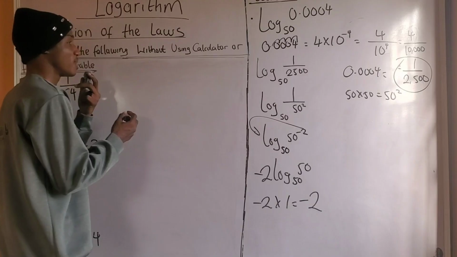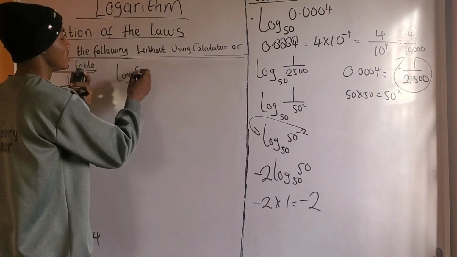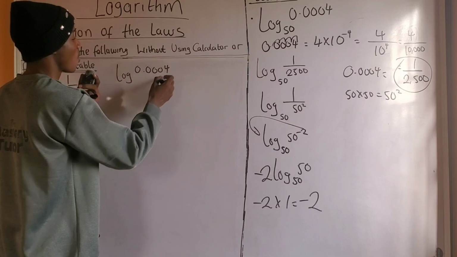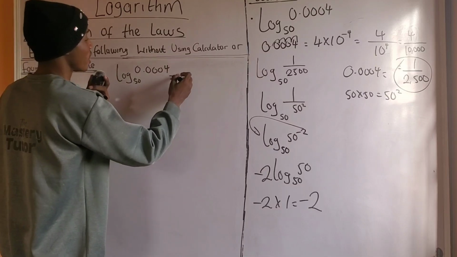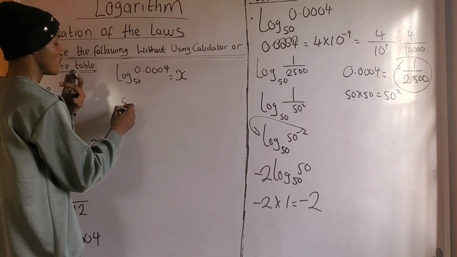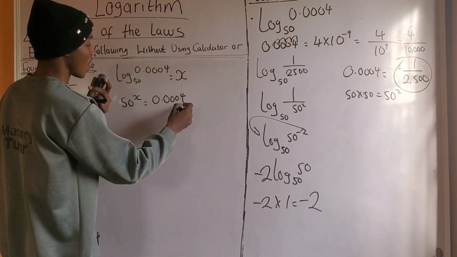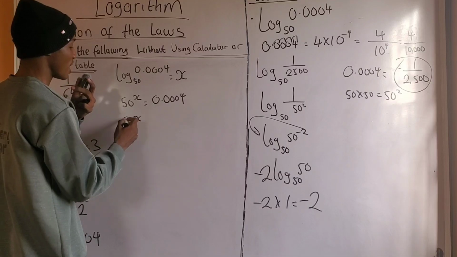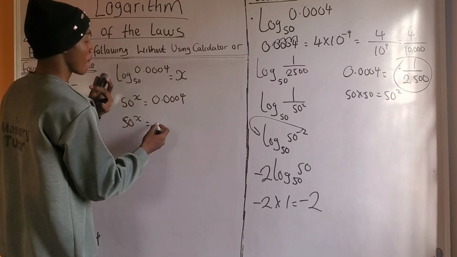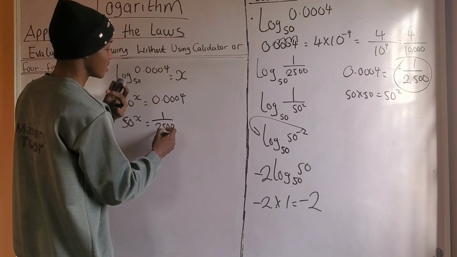Okay, you can use the second method. So let log 0.0004 base 50 equal a letter, which is x. Okay, we write this in index form. I'm going to have 50 raised to the power of x equals 0.0004, right? 50 raised to the power of x equals 1 over 2,500, right?